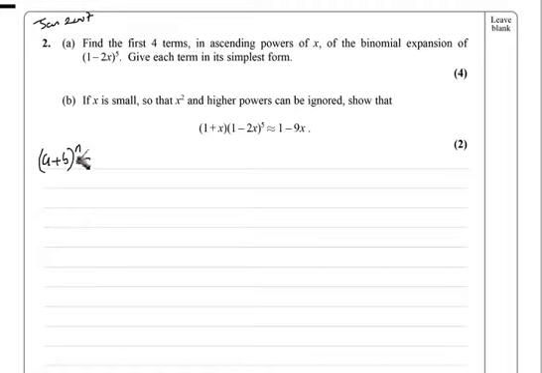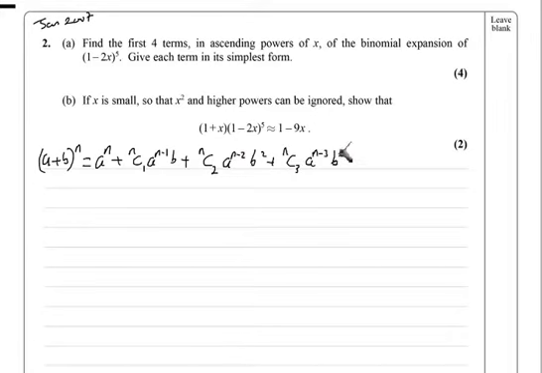If you have this type of thing, (a plus b) to the power n, it means a to the power n, plus nC1 a to the power n minus 1 times b, plus nC2 a to the power n minus 2 times b squared, plus nC3 a to the power n minus 3 b to the power 3, and it goes up to b to the power n.